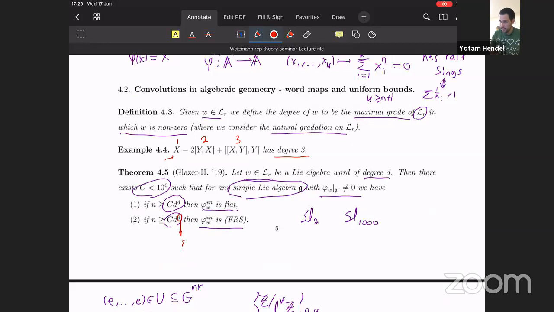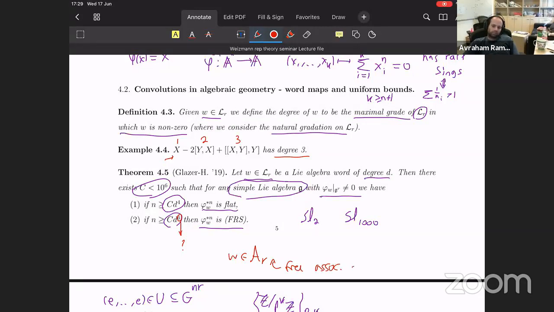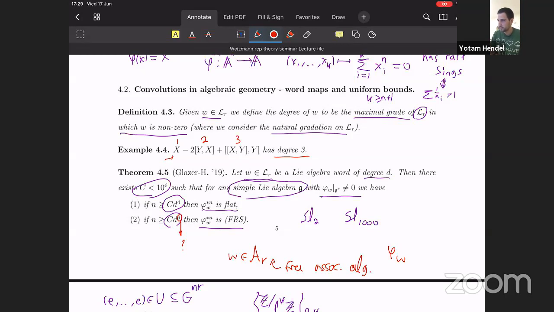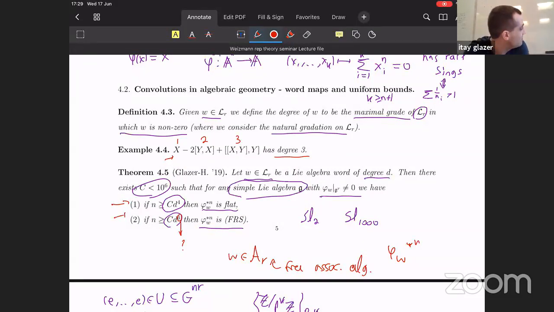So we can show that if we have W, some word in the free associative algebra, then phi W becomes FRS with actually the same bounds. So these two bounds, D to the power 4 and D to the power 6, also hold for words in a free associative algebra. So this is just like n by n matrices, polynomials over matrices, where k grows.